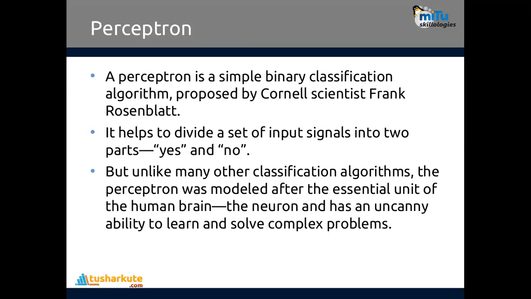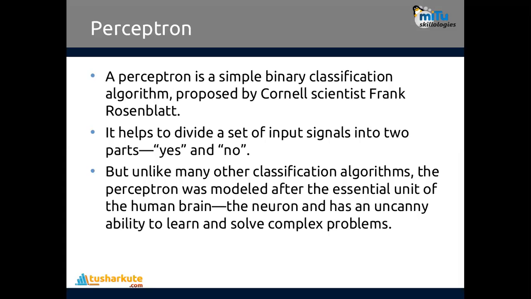It helps to divide a set of input signals into two different parts, yes and no, like binary classification. Today it is not only for binary classification; we are making it for multi-class classification also, but we have to create a different kind of network to perform multi-class classification.